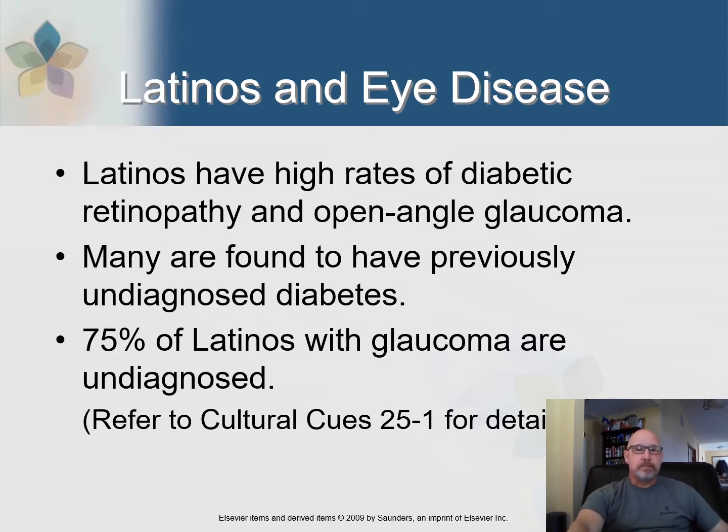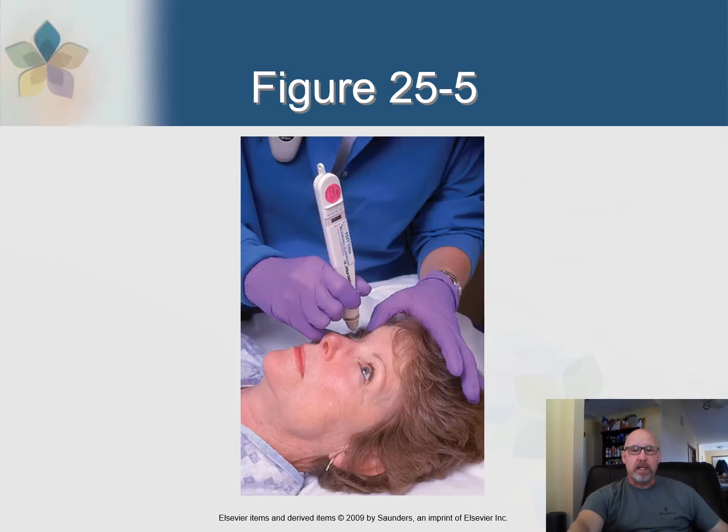All right. Don't forget cultural considerations when it comes to the eye. Numerous studies have shown that Latinos are more prone to open angle glaucoma. And we'll be going over, as I said before, open angle glaucoma in a later class.